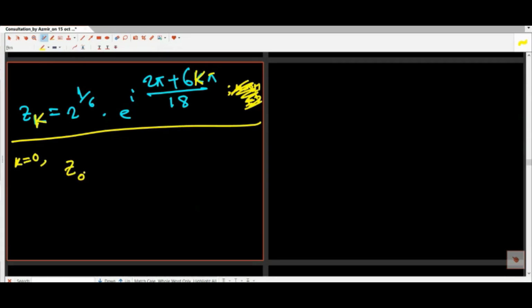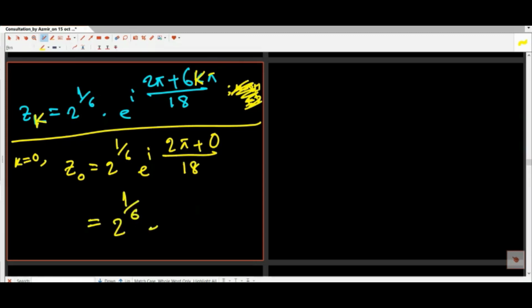So z0 equals 2 power 1 over 6 e power i 2 pi. If we multiply 0 with this, it will be 0. So we have 2 power 1 over 6 e power i, that is 2 pi over 18.